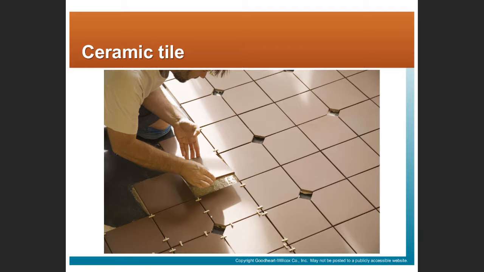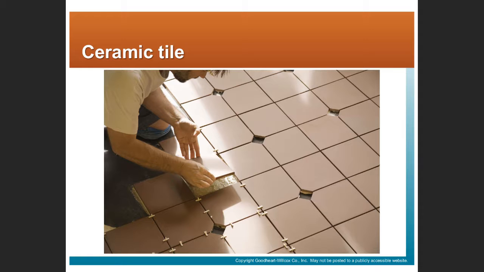Here's an example of the tile layer, the tile person, putting down the ceramic tile in a bed of grout, or actually in a bond coat. And the grout will go in the middle.